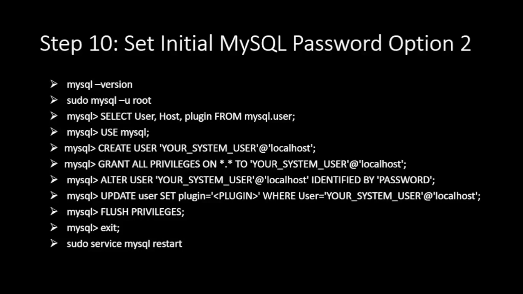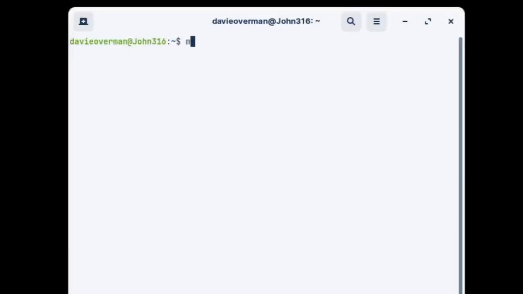Then you're just going to make sure that you're using the password authentication mechanism that is used by the other accounts on your version of MySQL. Make sure that's good to go by typing update user set plugin equals plugin, or whatever it is, where user is your user at localhost. You're going to flush the privileges, exit the MySQL client, and restart the service. And here's the screen recording showing that in action.